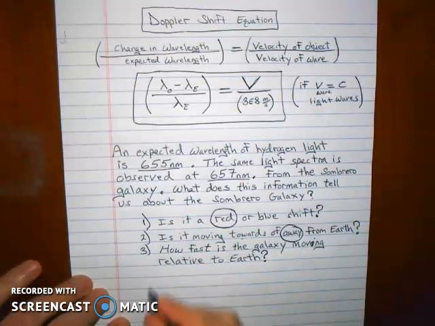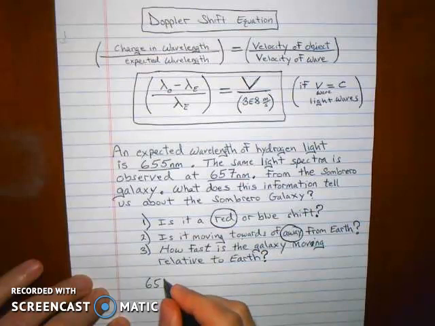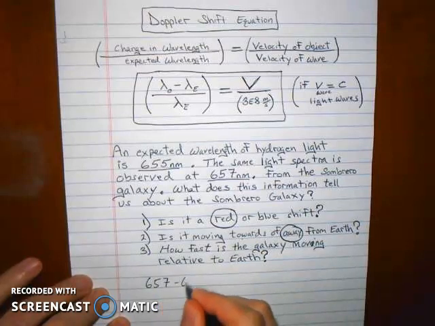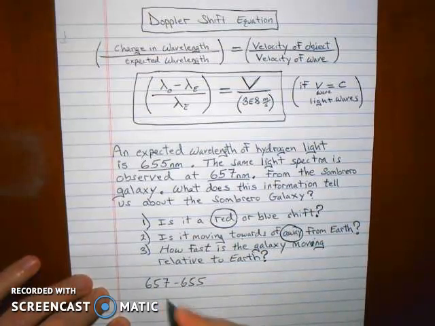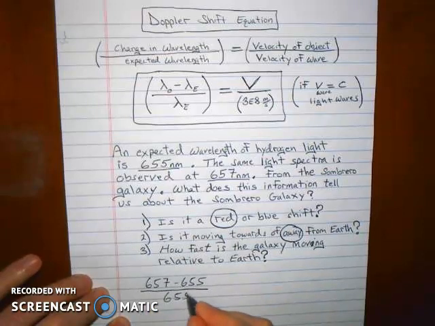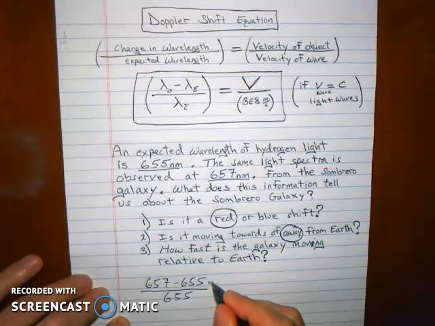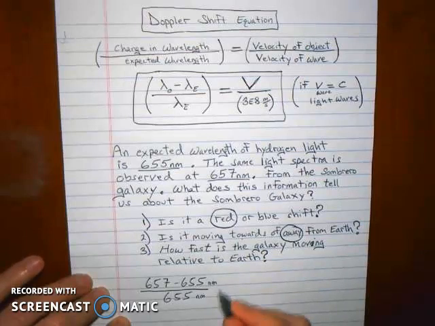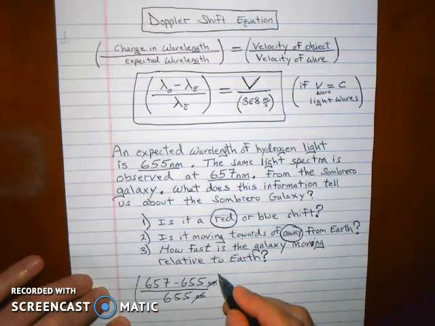We have 657 minus 655 divided by the expected wavelength of 655. These are units of nanometers, and whichever unit you use, as long as they're the same, they cancel out. So the units are gone, and you're left with the units of velocity.